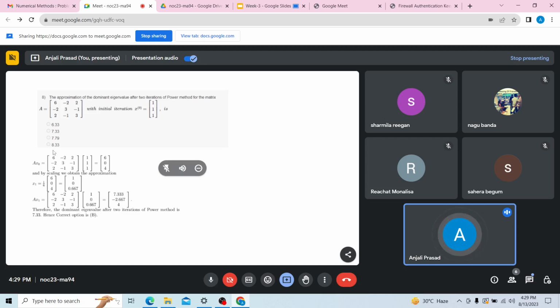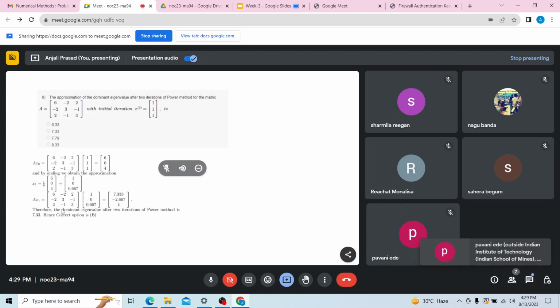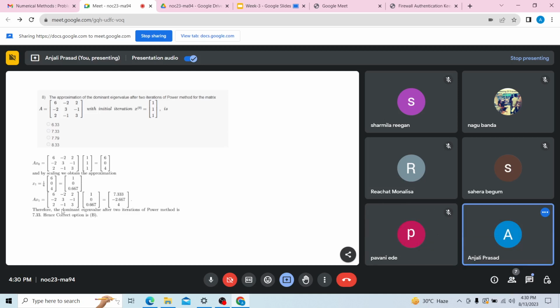So according to you, we are getting the second approximation as 7.79, right? From the first approximation, you will get 7.33, minus 2.6 and 4. From there, you get the dominant eigenvalue as 7.33, right?